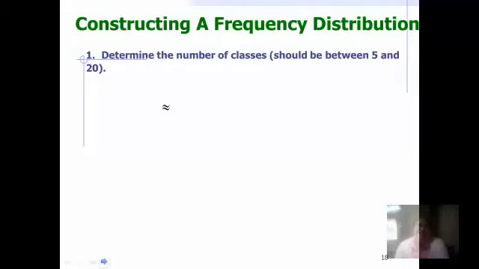Is it going to be 10? Is it going to be 20? But another way to look at it is to look at the number of data points that we have, take the square root of it, round it, and make it something that's convenient.